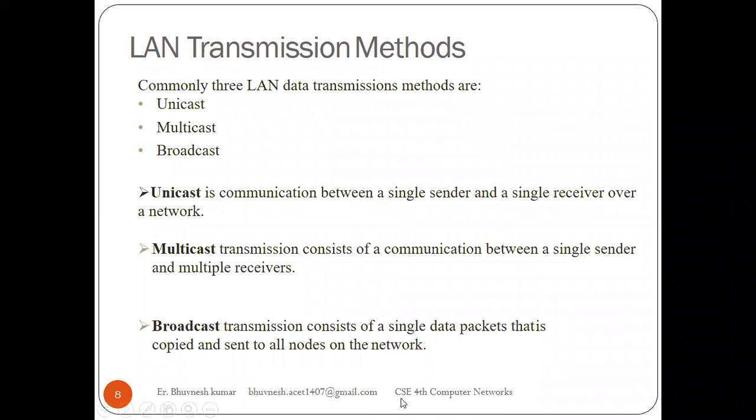Then broadcast transmission consists of a single data packet that is copied and sent to all nodes connected with each other. Okay, like you are connected with Facebook. When you go to the Amazon app, you will search for any item.